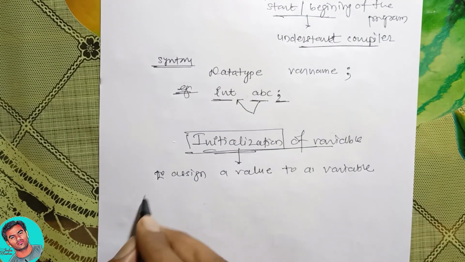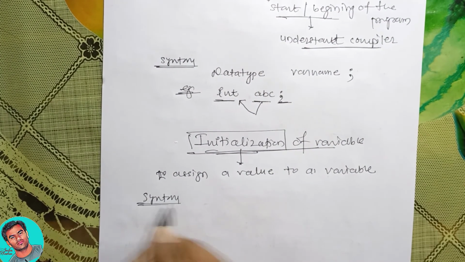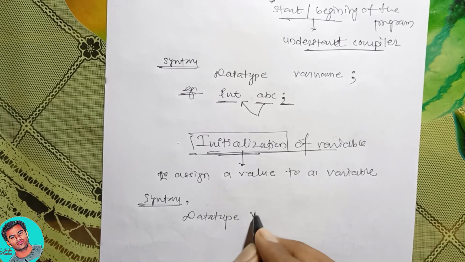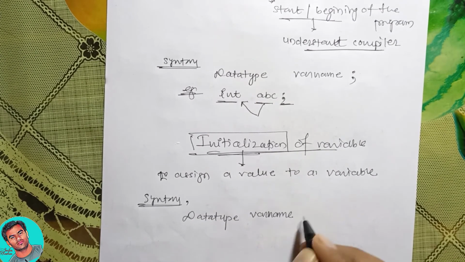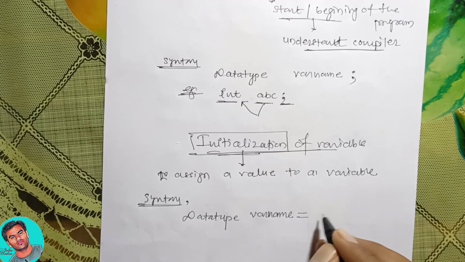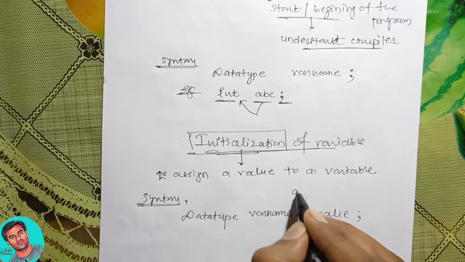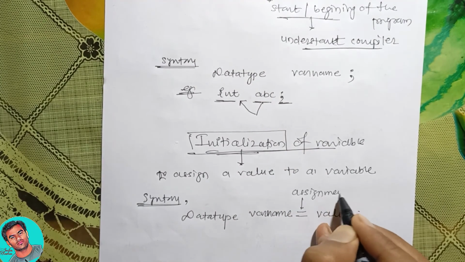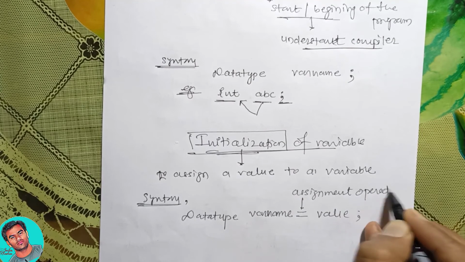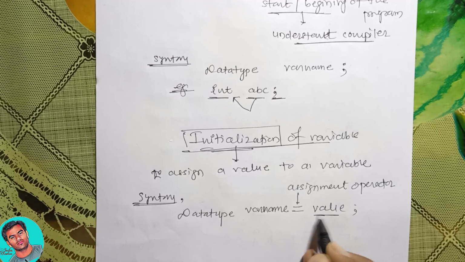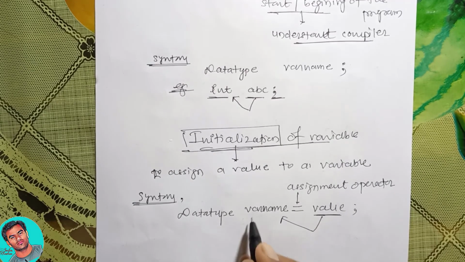The syntax is similar to the declaration: data type, space, variable name, and now equal to, which is an assignment operator, and then a value. That means we are going to assign that value to this variable name, which has this data type.